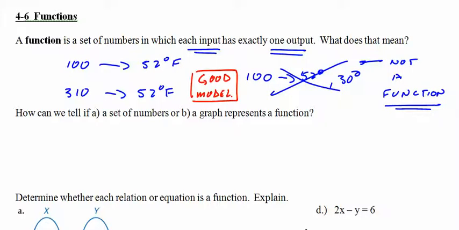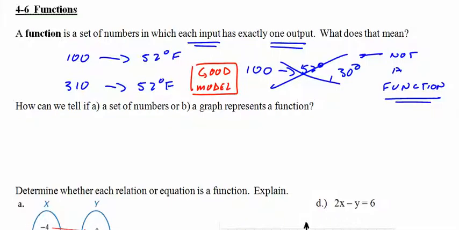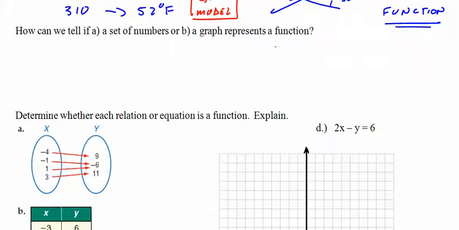There's lots of other ways to do it. So how do we know if it's a function? Any y repeats for 1x. And by the way, y equals something x, a linear relation, is always a function.